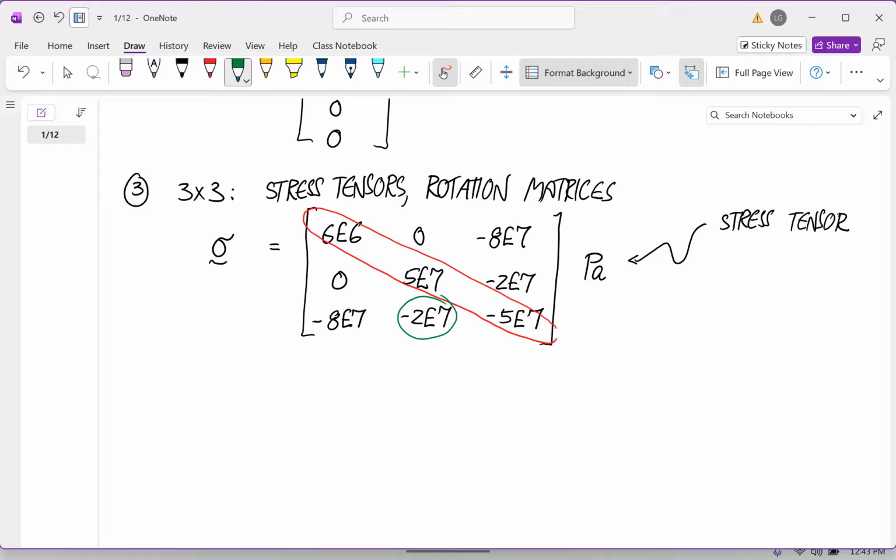This is equal to this, and this is equal to this. And I guess there's one more here. This is equal to this. So the stress tensor is always a symmetric matrix, and that has certain mathematical properties that are going to be useful for us.